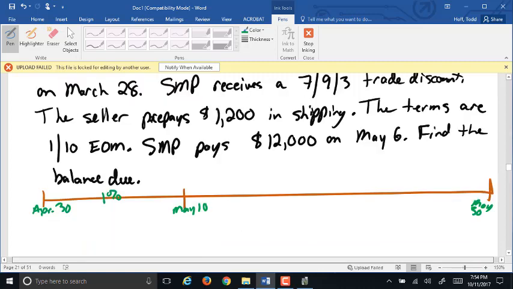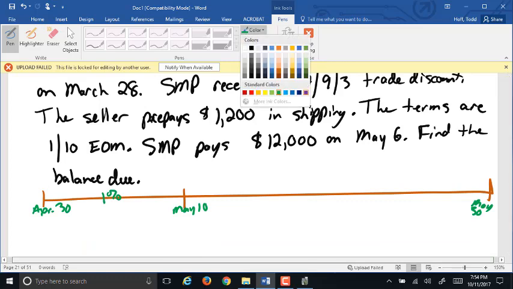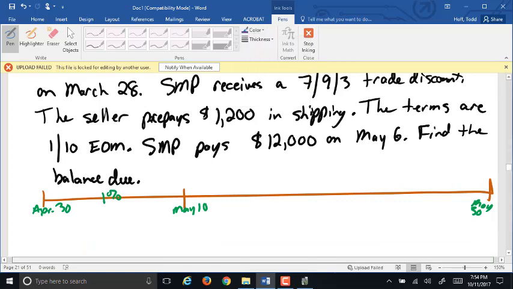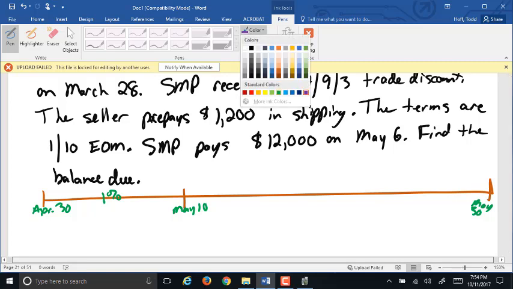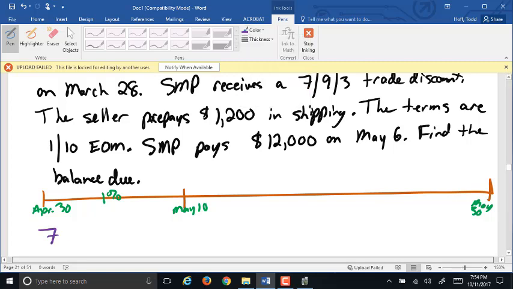Now, what amount even goes on the invoice? How'd you come up with that? But we do have 7 times 3,000. It's $21,000 list price.